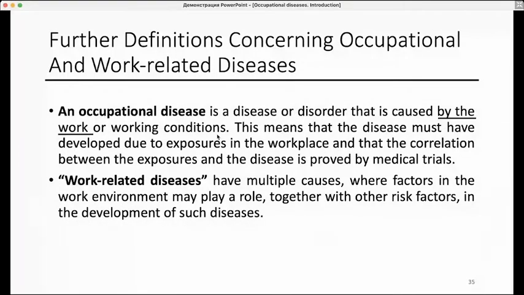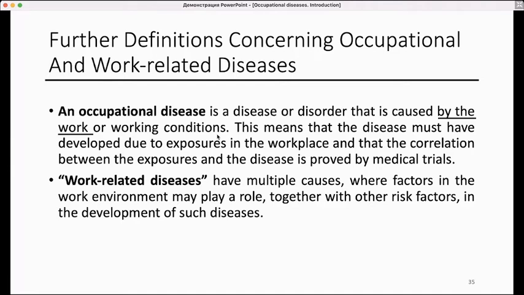And further definitions concerning occupational and work-related diseases. As I said, an occupational disease is a disease or disorder that is caused by work or working conditions.